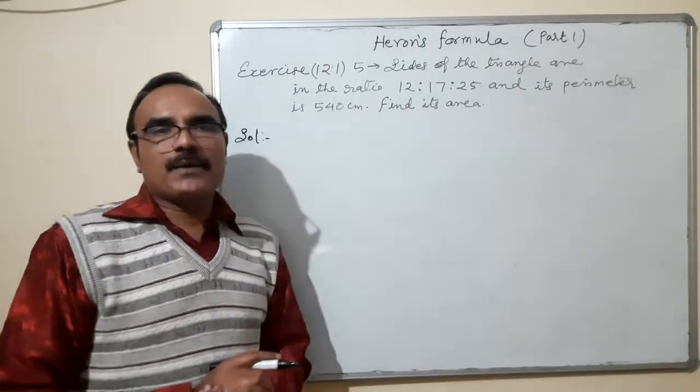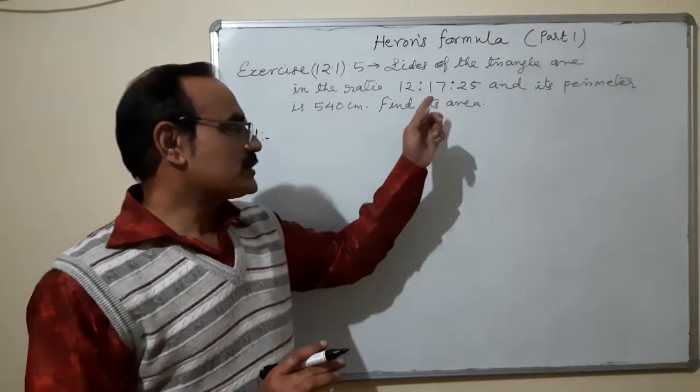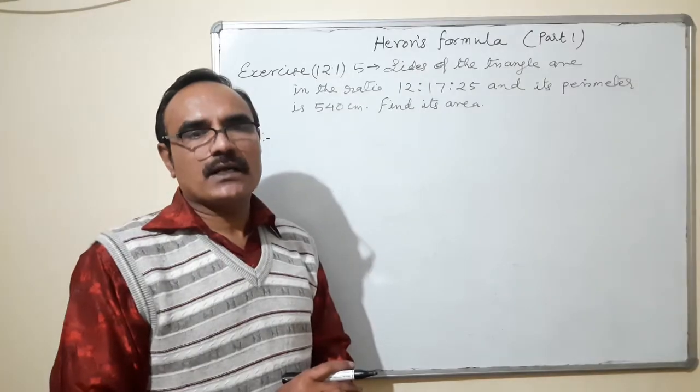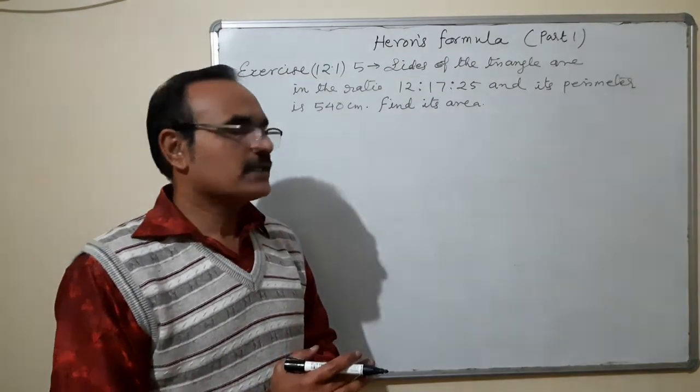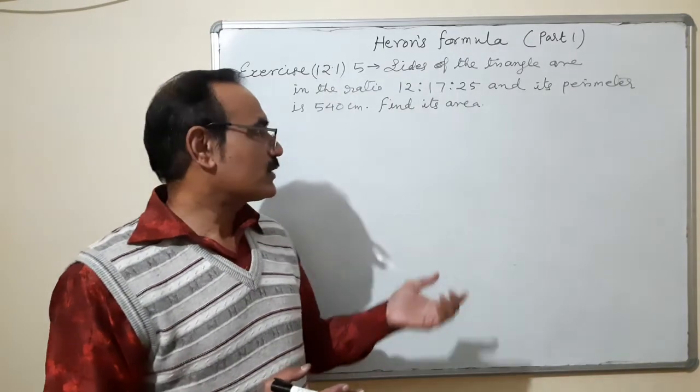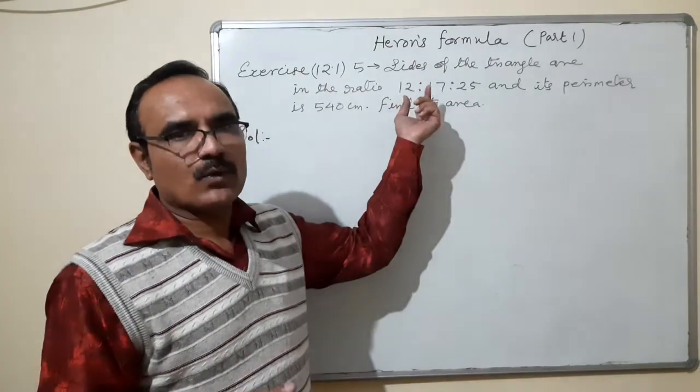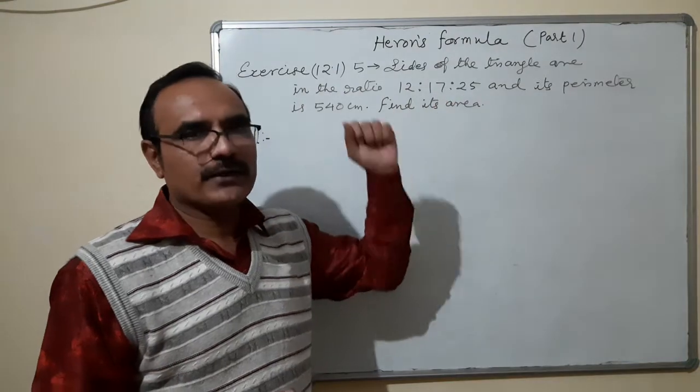Three sides are given in the ratio 12 ratio 17 ratio 25. Ratios are not the exact length of the sides. Ratios mean that if you are finding the sides in a proper way, we have to consider 12 times any scalar quantity, 12k, 17k, and 25k.